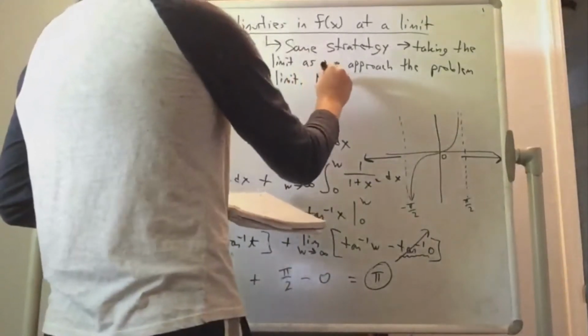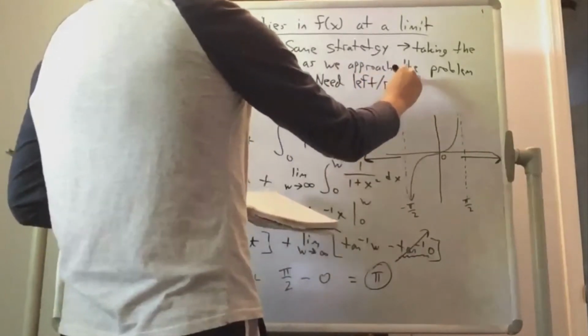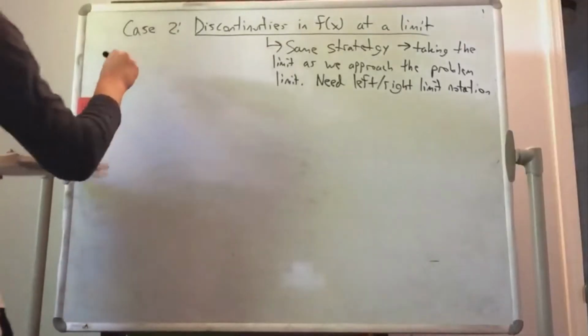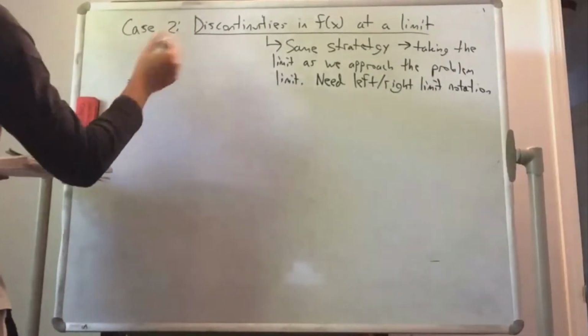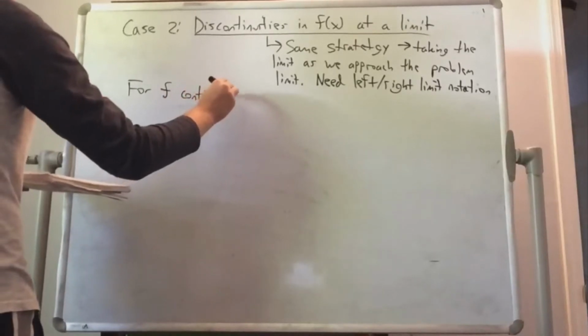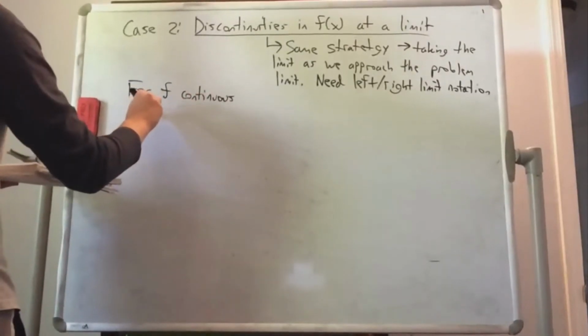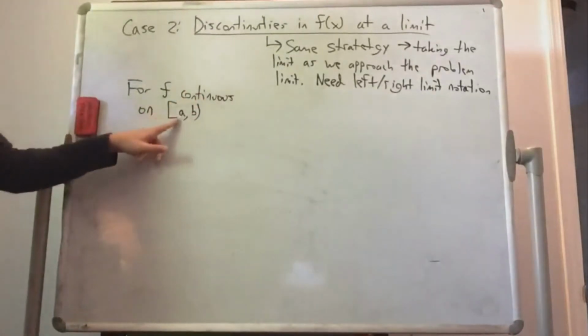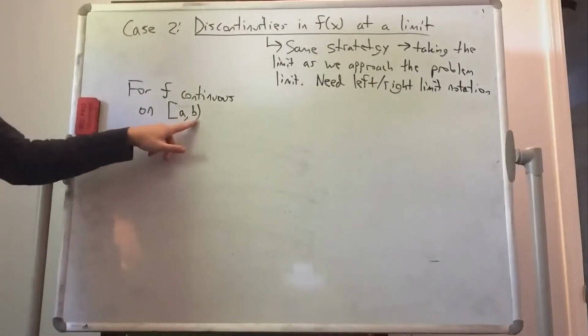So I'm just going to say we need the left-right limit notation when we're doing any of these problems. Okay, so here is the summary of all the notes, and then we'll do some problems. So for f being continuous on, let's say, A to B, so notice closed interval A, open at B.